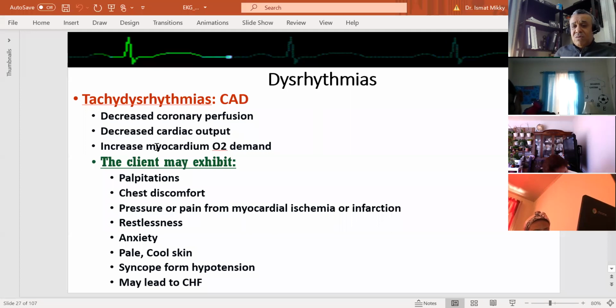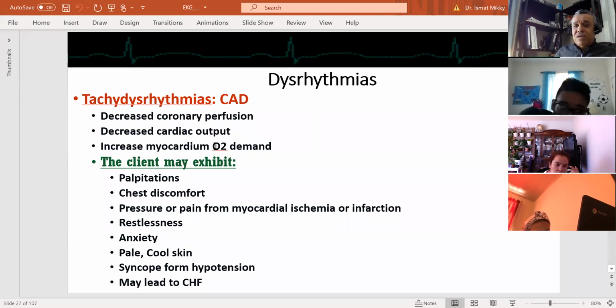Patients shoveling snow, right? The myocardium needs more oxygenation and perfusion, especially if they have angina or a history of any type of cardiac disease, then that will be a problem or may result in dysrhythmias.